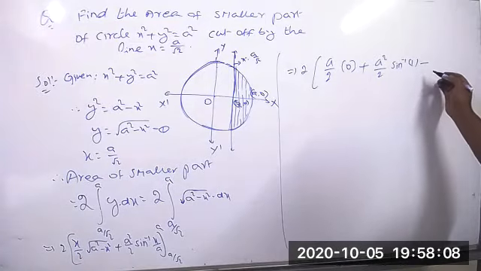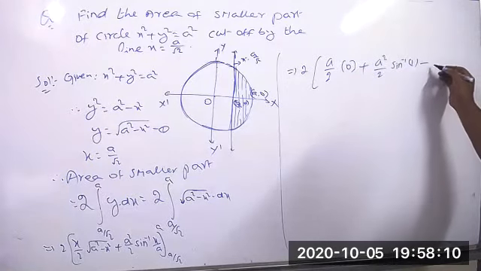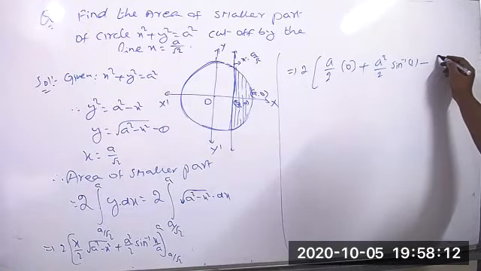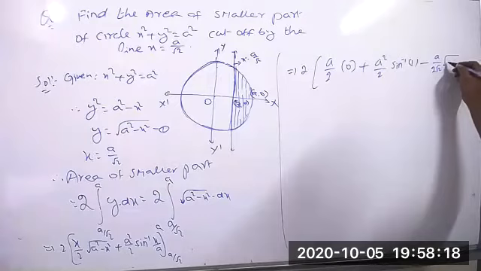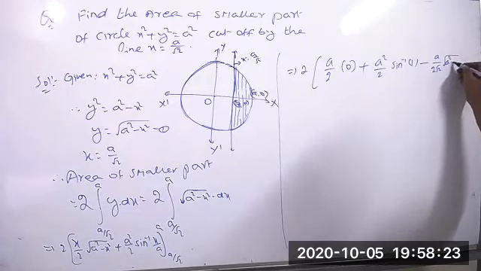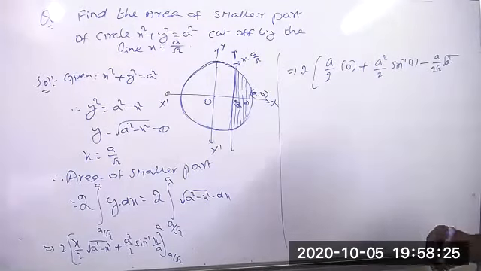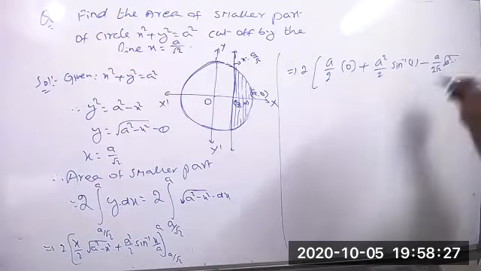You can take a by root 2 by 2, clearly we will get a by 2 root 2 into root of a square minus x square. X equal to, you can substitute in there now.